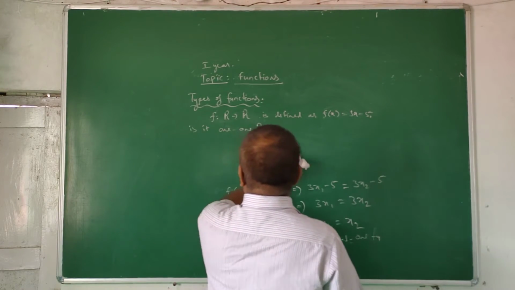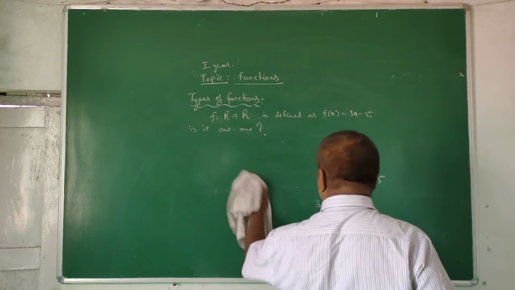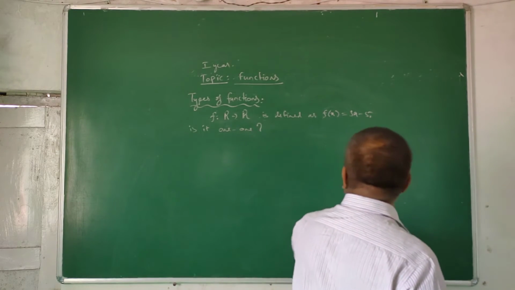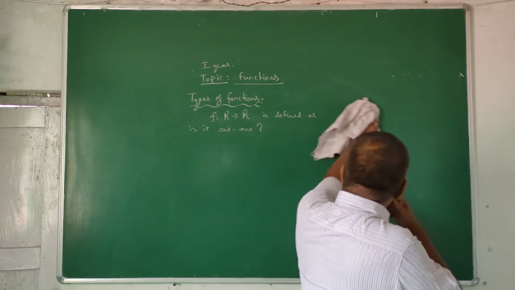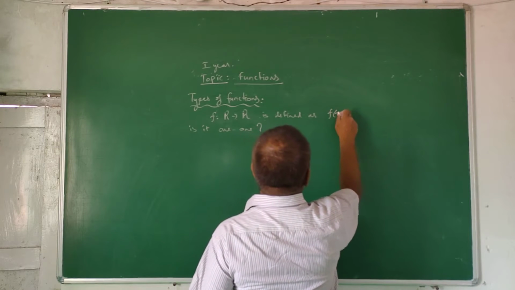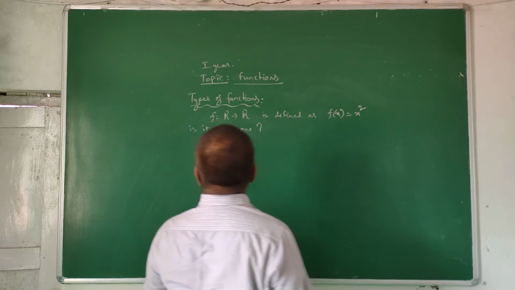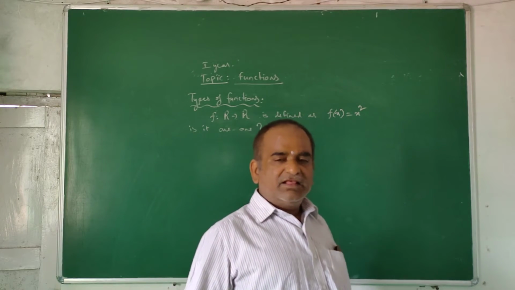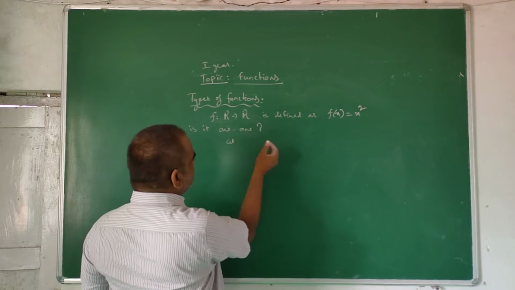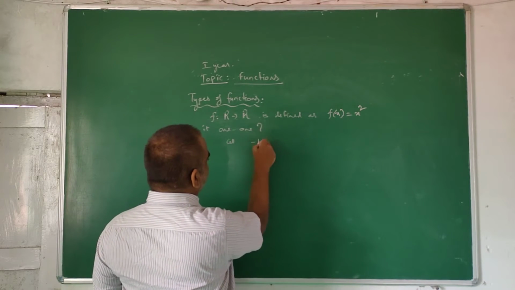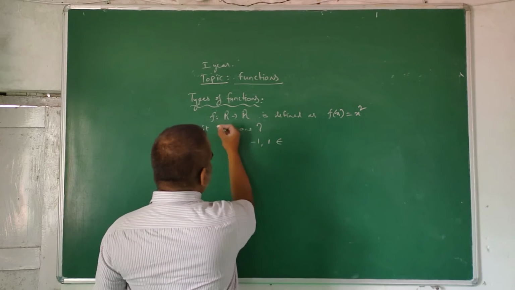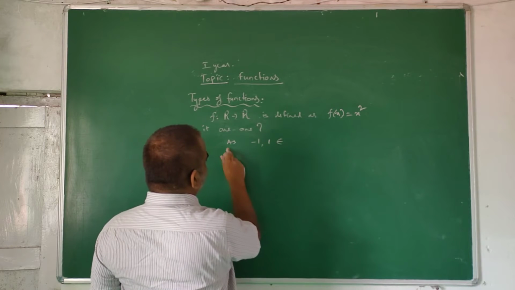Now another function, with an infinite set as domain and codomain. I am taking f from R to R defined as f of x is equal to x square. Is it one-one? Here let us take two real numbers, minus 1 and 1, from the domain.